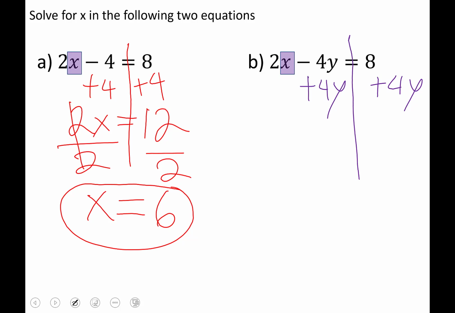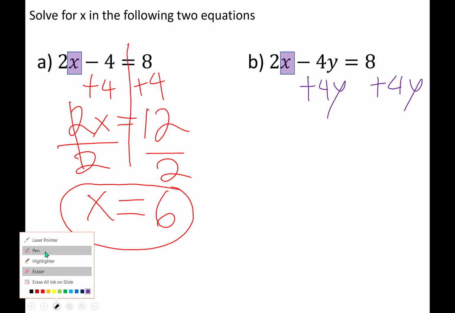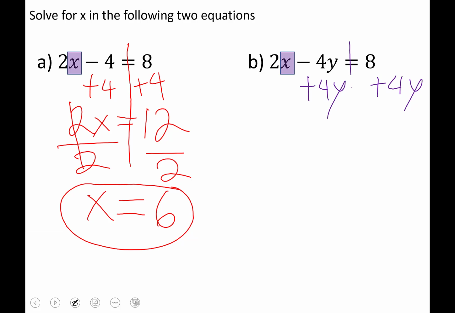I need to move my line a little bit so I have space. All right, 8 plus 4y. Well, they're not like terms, so I can't combine them.